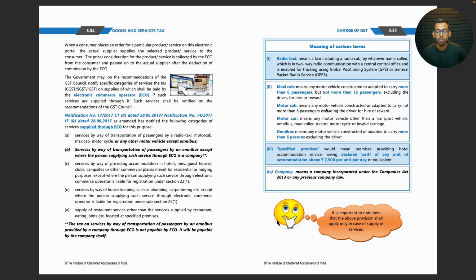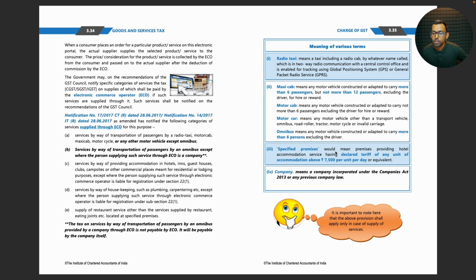Motor cab means any motor vehicle constructed or adapted to carry not more than 6 passengers, excluding the driver, for hire or reward. Motor car means any motor vehicle other than a transport vehicle, omnibus, road roller, tractor, motorcycle, or invalid carriage. Omnibus means any motor vehicle constructed or adapted to carry more than 6 persons, excluding the driver.